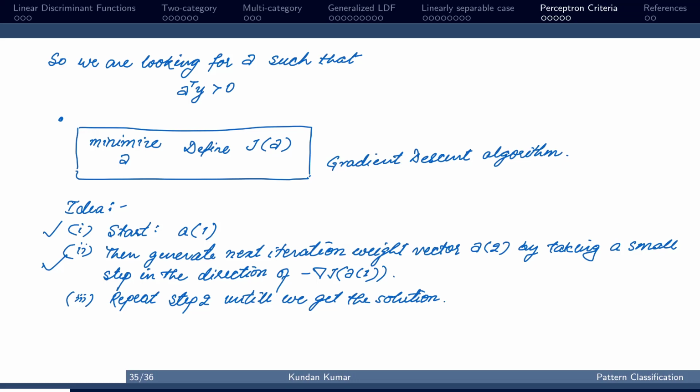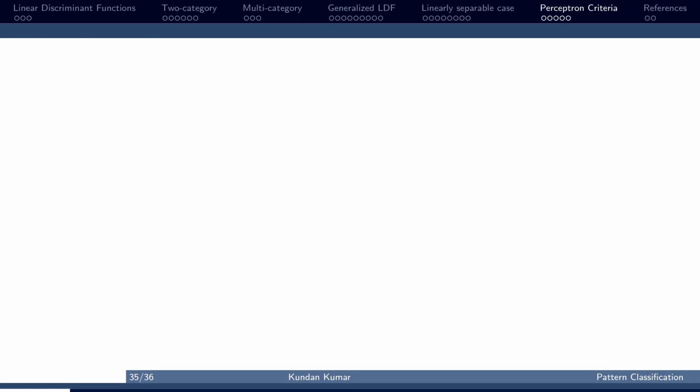Okay, but how will this weight vector be updated? So what is our gradient descent algorithm?